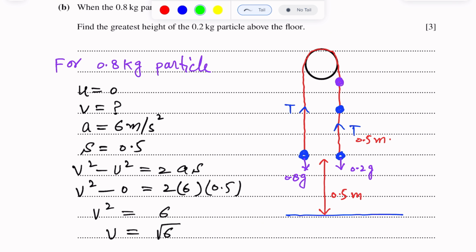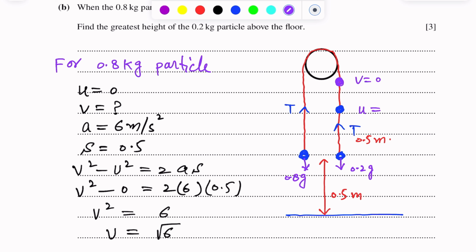Now we will consider this motion of the 0.2 kg particle to find this distance, this height. We have data: final speed of this particle will be 0.